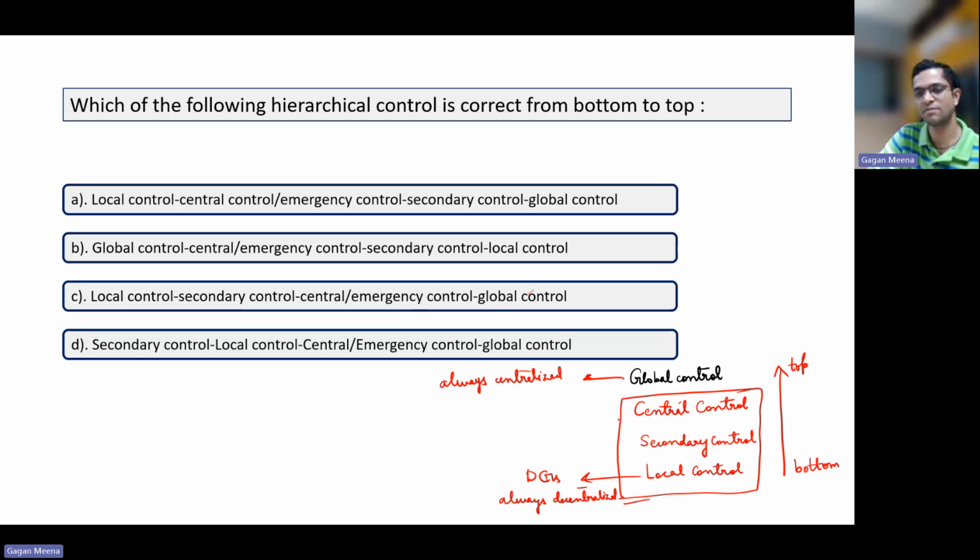And these two can be both, either centralized or distributed. In distributed, we have seen model predictive control, multi-agent systems, and consensus algorithm.